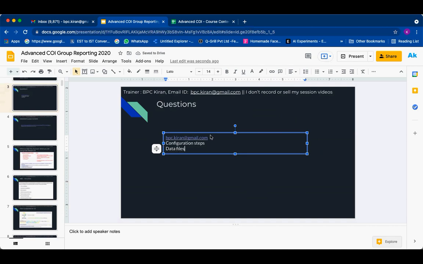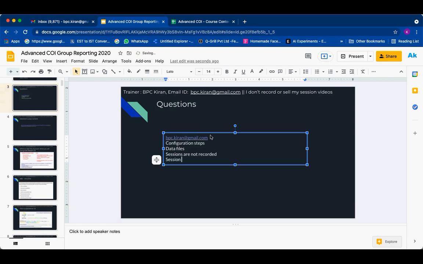Only one thing: sessions are not recorded, but you can attend multiple times if you miss some sessions or have issues understanding the scenarios, and repeat these sessions.